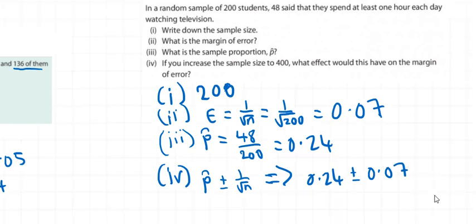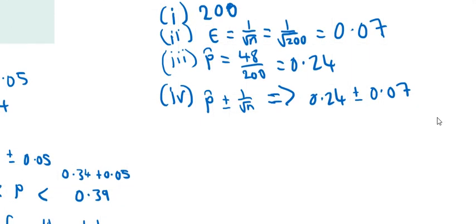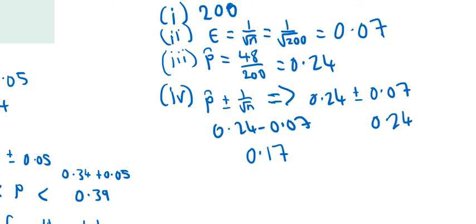If we take 0.24 minus 0.07, we get 0.17. And if we take 0.24 plus 0.07, we're going to get 0.31.